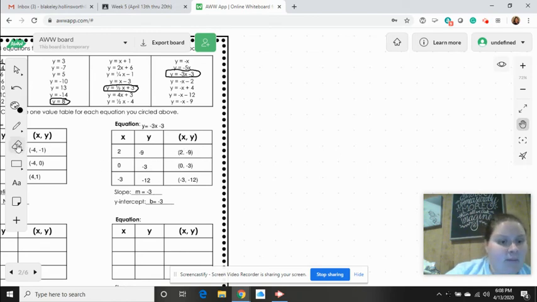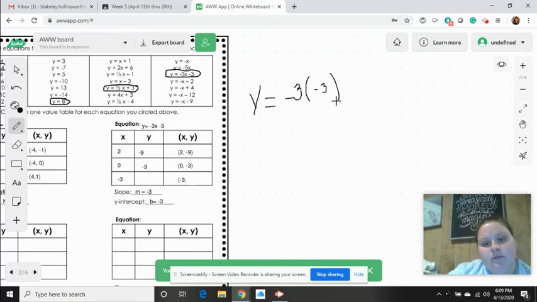I think I messed up here. Let me see if I can erase that. So, when x is negative 3, y equals 3 times negative 3, subtract 3.